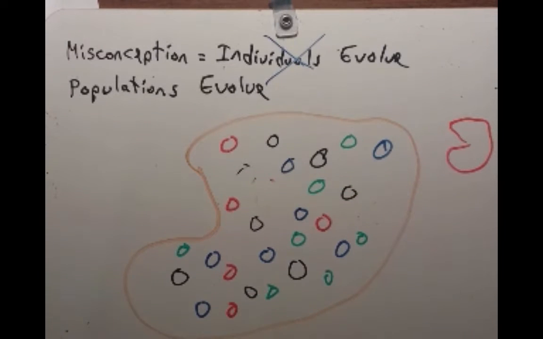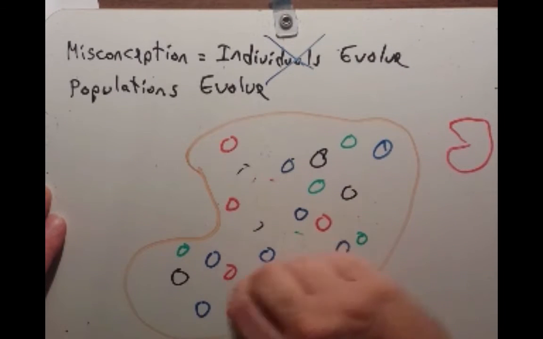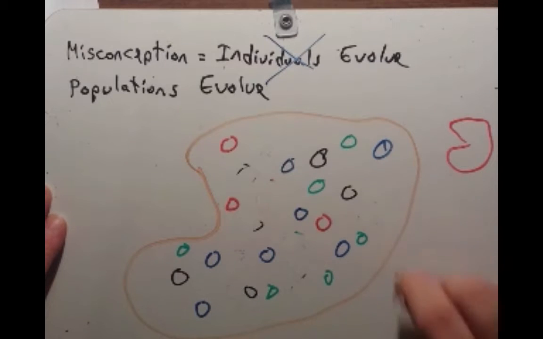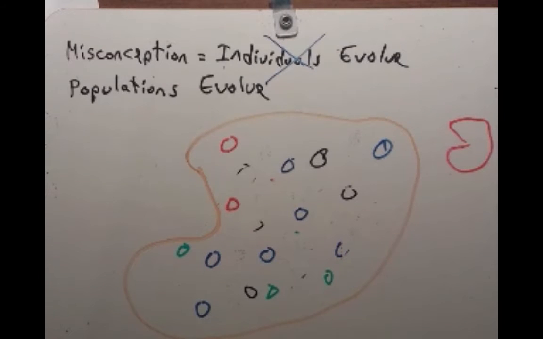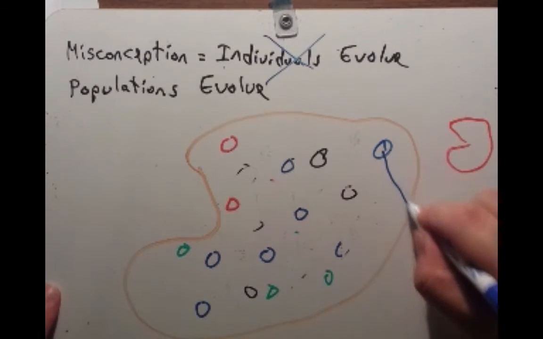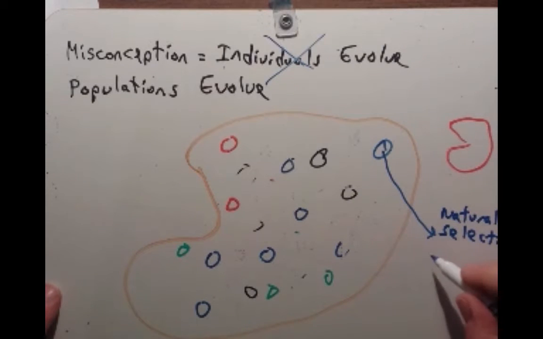So the blue ones don't taste so good. And as a result, this predator eats as much as it can of the other ones, but pretty much stays away from the blue ones. Maybe they're really bitter tasting. Now what happens is, what we say anyhow, is that natural selection acts on the, in this case, blue organisms.